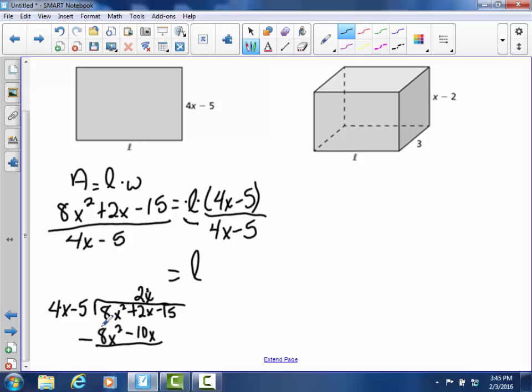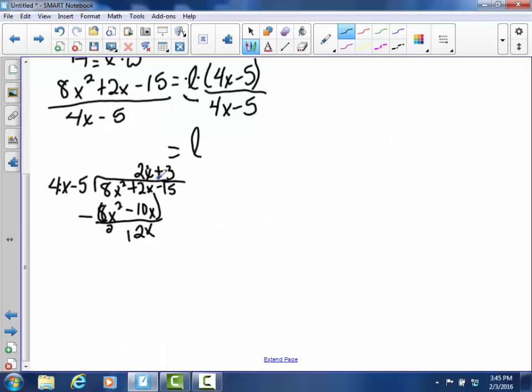So I subtract them. 8x squared, take away 8x squared is 0. 2x, take away negative 10x is positive 12x. So now I look, 4x to make it 12x, I would need to multiply times 3. So 3 times 4x is 12x.